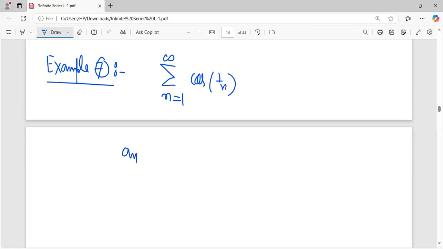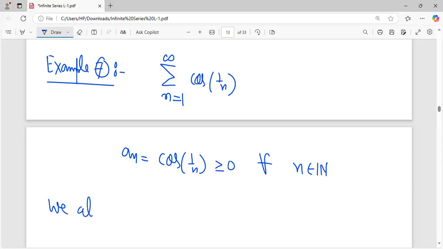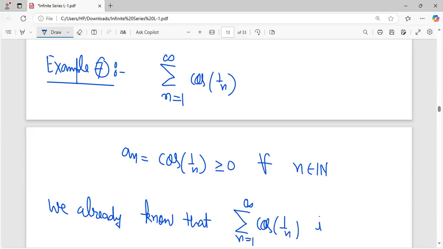So an is equal to cos(1/n), that is non-negative for all n belongs to N. And we already know that this series is not convergent.